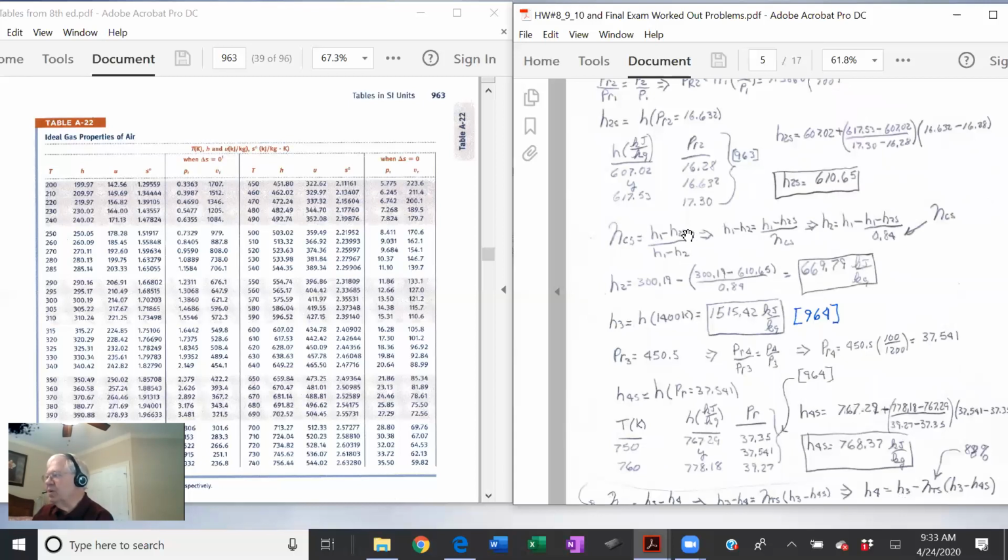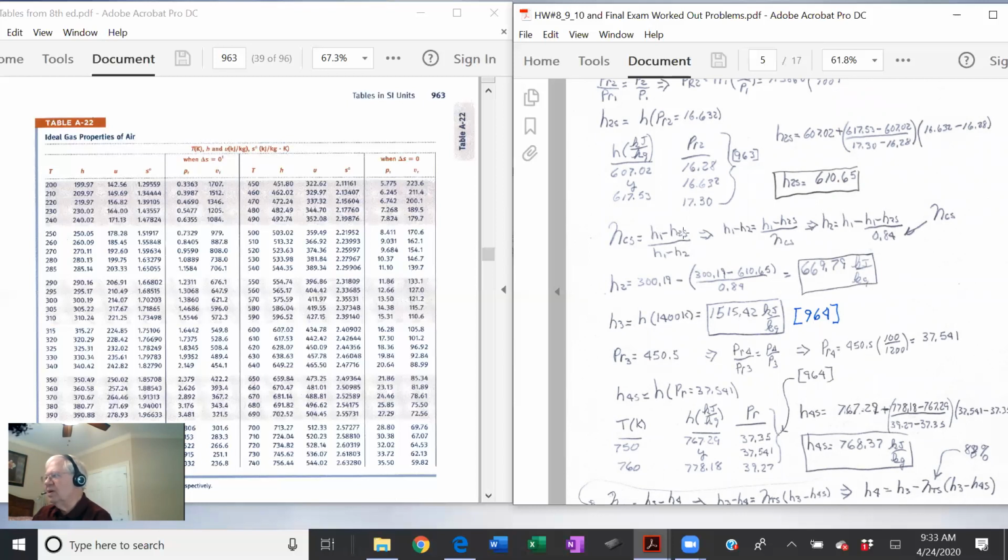Now I can go through, and I have H2S minus H1 over H2 minus H1 is the isentropic compressor formula. If you want to use H1 minus H2S over H1 minus H2, that's fine. But now the only unknown in this equation is H2.